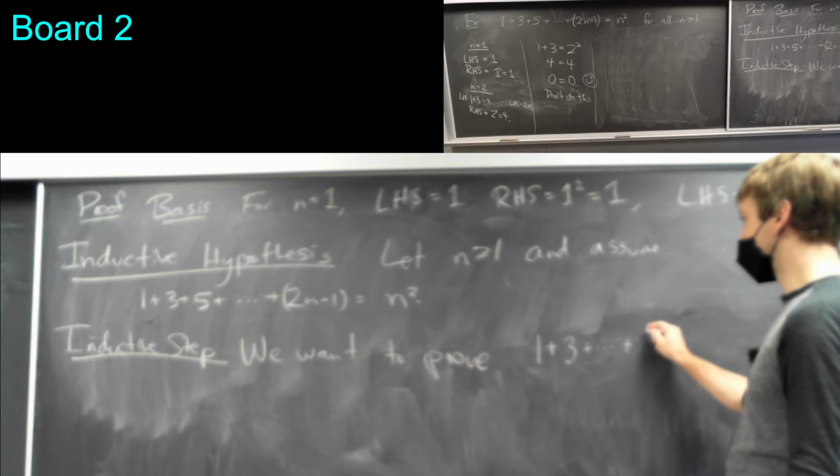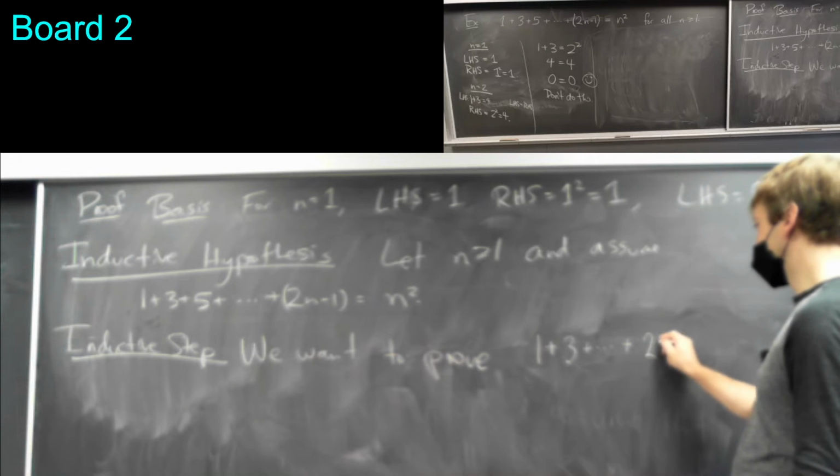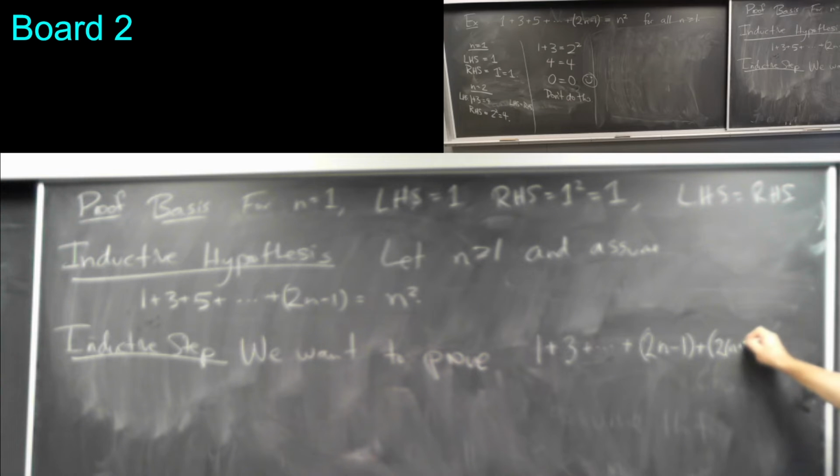So we want to prove that the sum 1 plus 3 plus blah, blah, blah, up to, so maybe I'll write 2 final terms here, if I add up the first n plus 1 odd integers, I want to show that that equals n plus 1 squared.